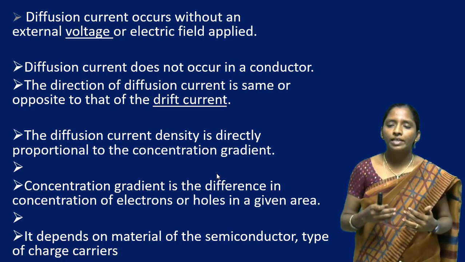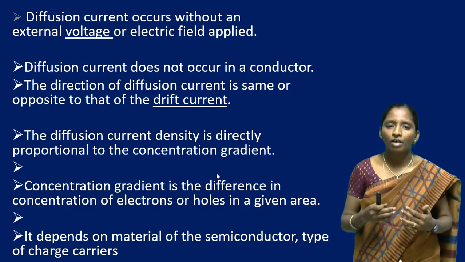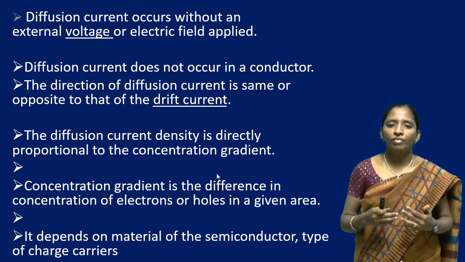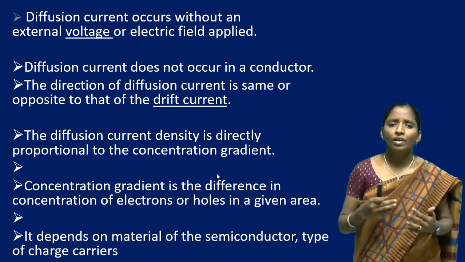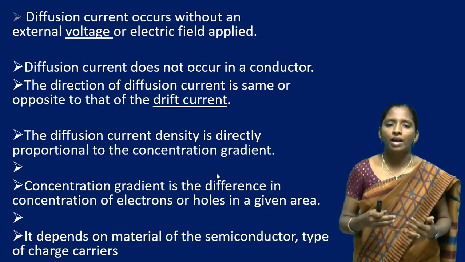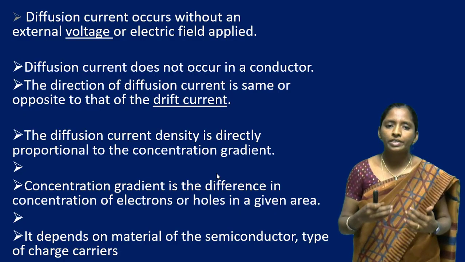The diffusion current density is directly proportional to the concentration gradient of the charge carriers. If the concentration of the charge carriers is high, diffusion current is high. If the concentration of the charge carriers is low, the diffusion current is low.